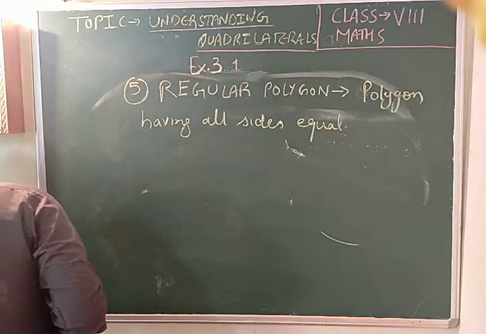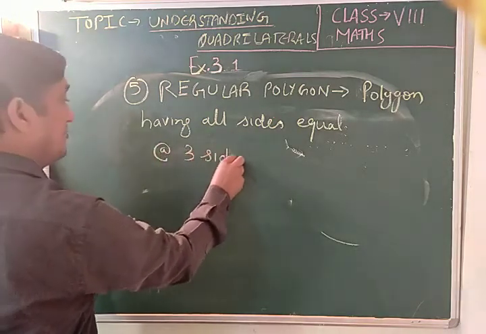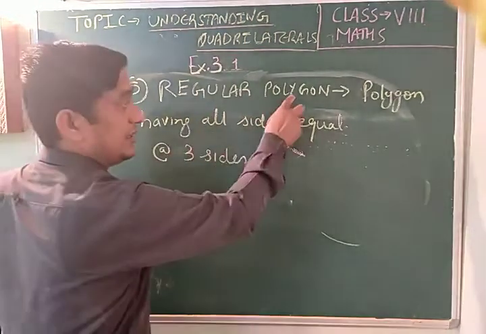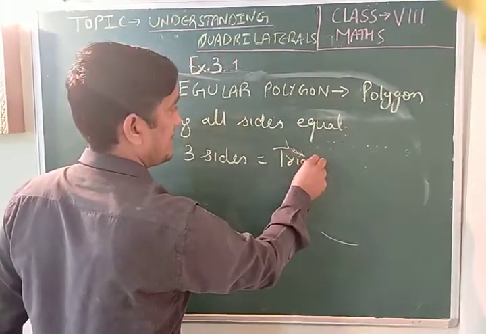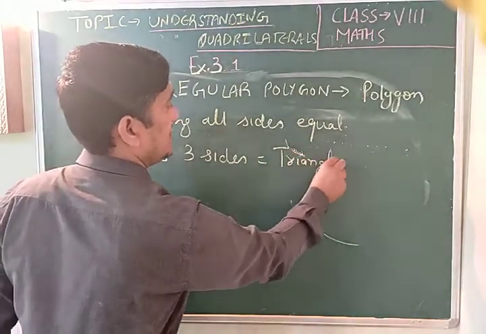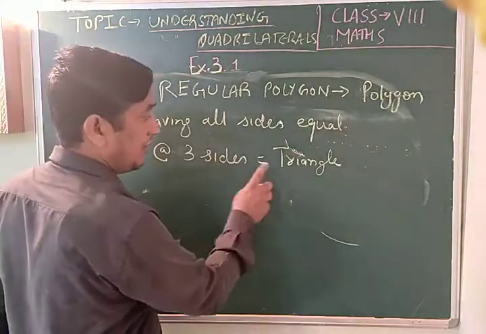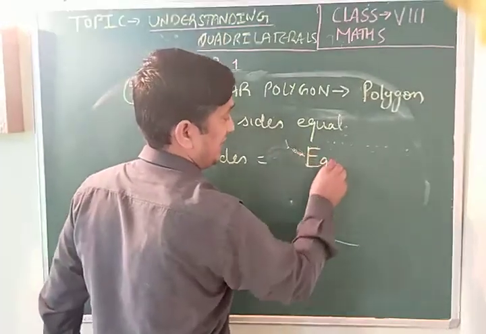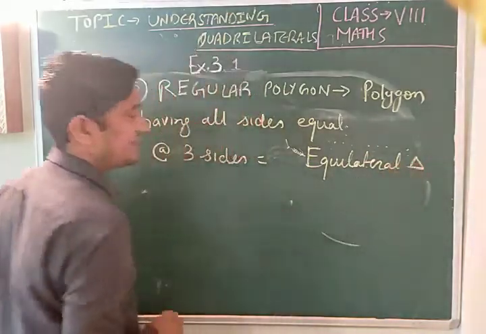Now he says A part, if a polygon has 3 sides, any polygon having 3 sides is called a triangle. But he says regular polygon. So if it is a regular polygon, then its name is not triangle, it's equilateral triangle. Equilateral triangle.